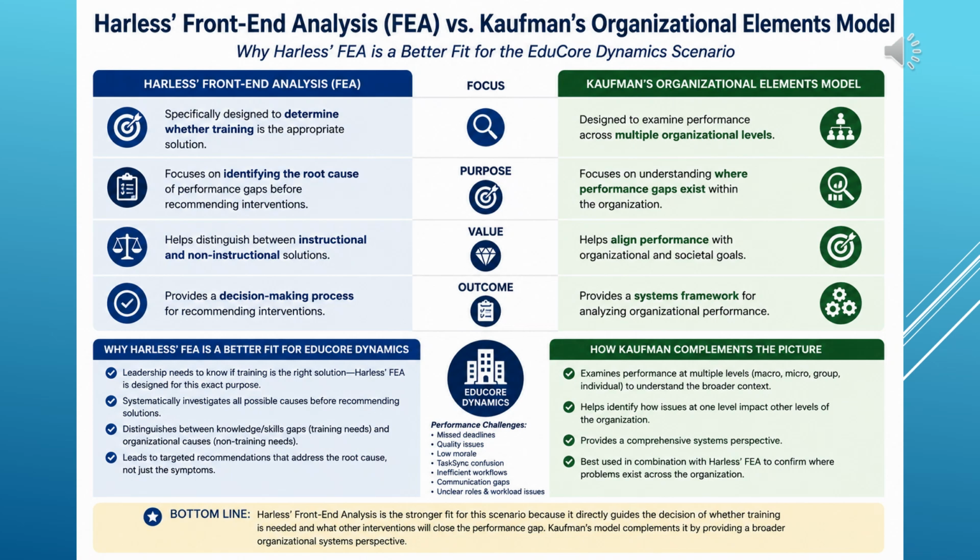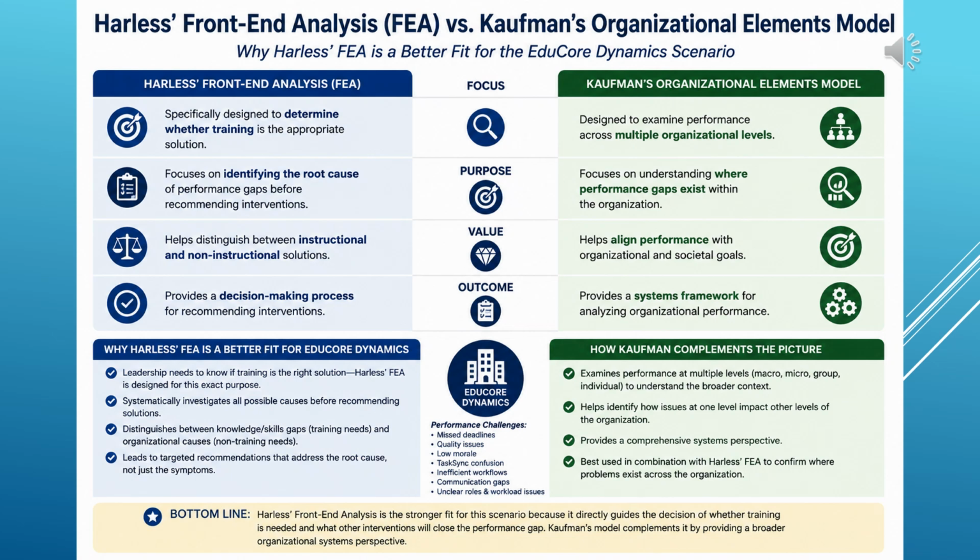After reviewing both of these, I decided that Harless's FEA is a better fit for EduCore Dynamics because leadership needs to know if training is the right solution, and Harless's FEA is designed for that exact purpose. It systematically investigates all possible causes before recommending a solution, distinguishes between knowledge and skill gaps, training needs, and organizational causes, which are non-training needs, and leads to targeted recommendations that address the root cause, not just the symptoms.